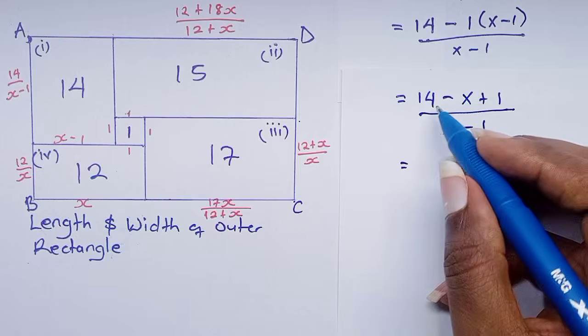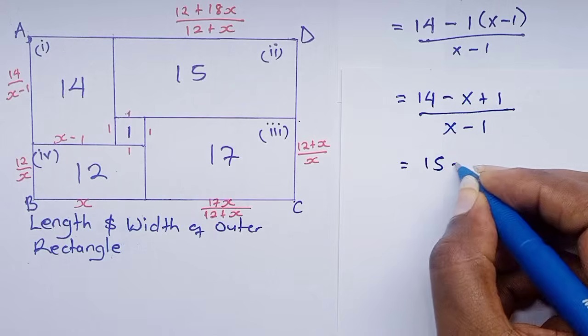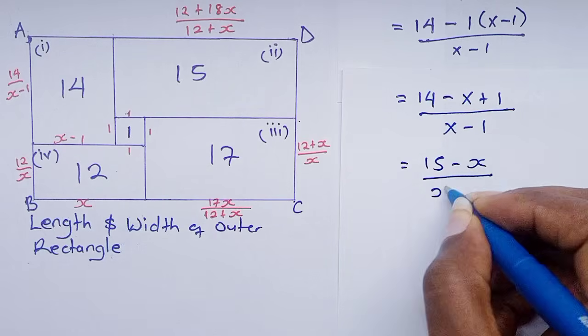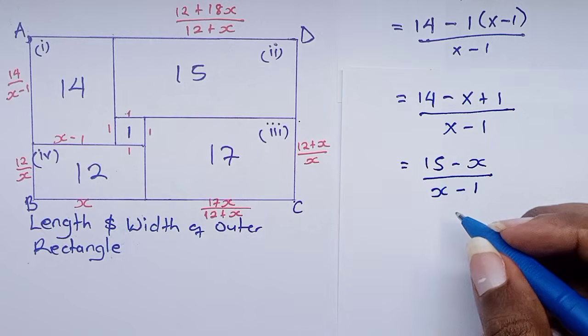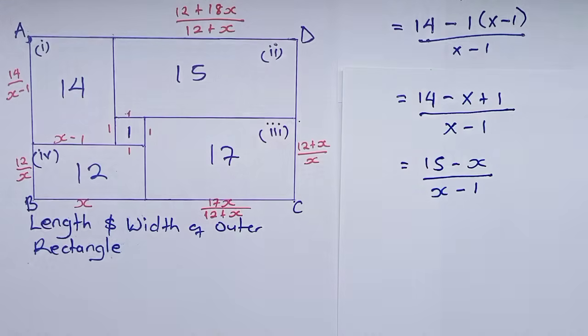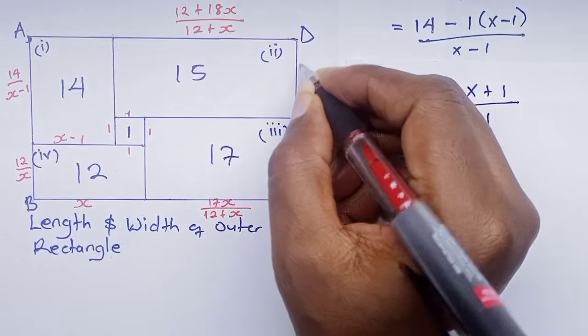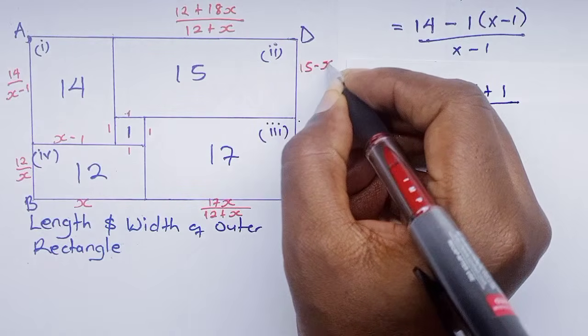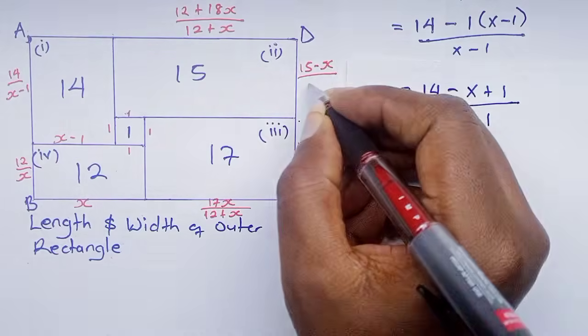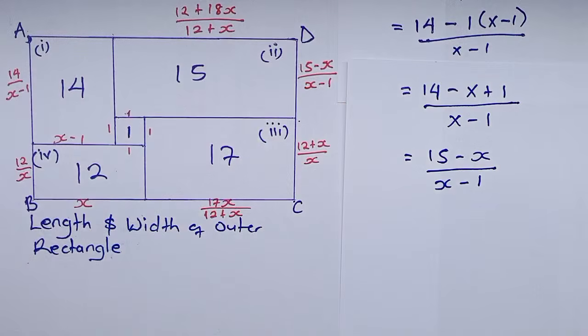So this is equal to 14 plus 1 is 15 minus x over x minus 1. So that's the width. From here to here is 15 minus x over x minus 1.